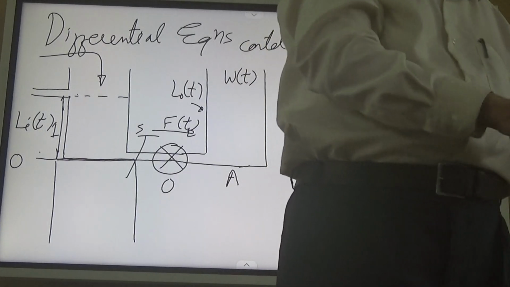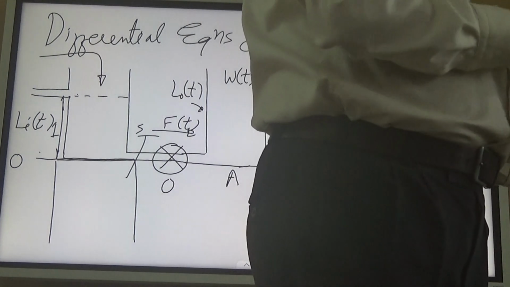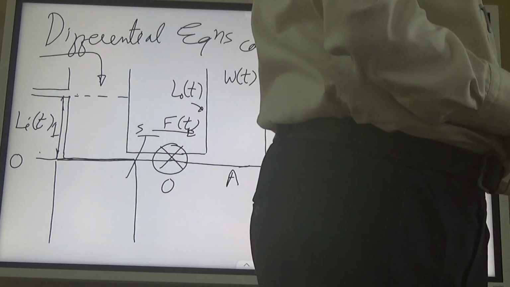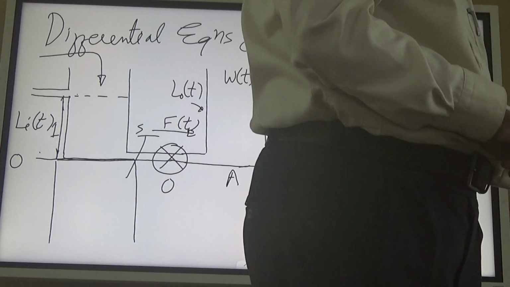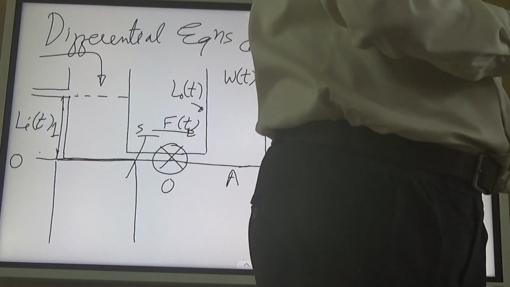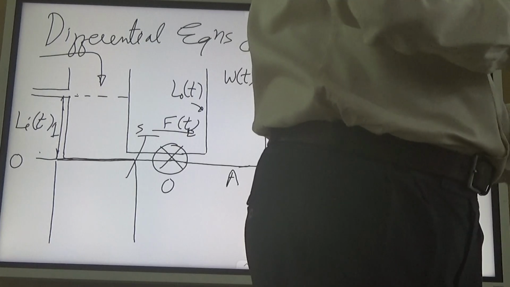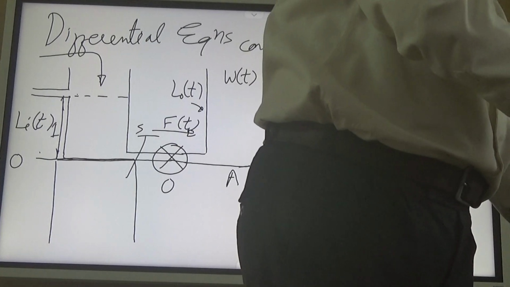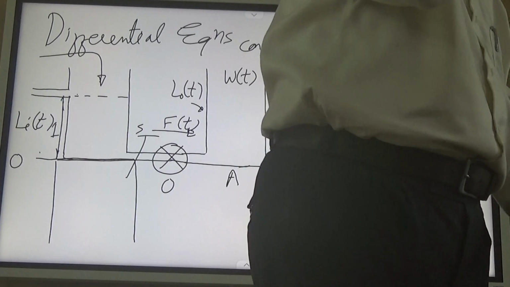If this is water level 1, this is the reference level. When this left hand side tank is residing on this top, water is at 1 level. When I bring the tank down here, water is at 0 level. Is it clear?